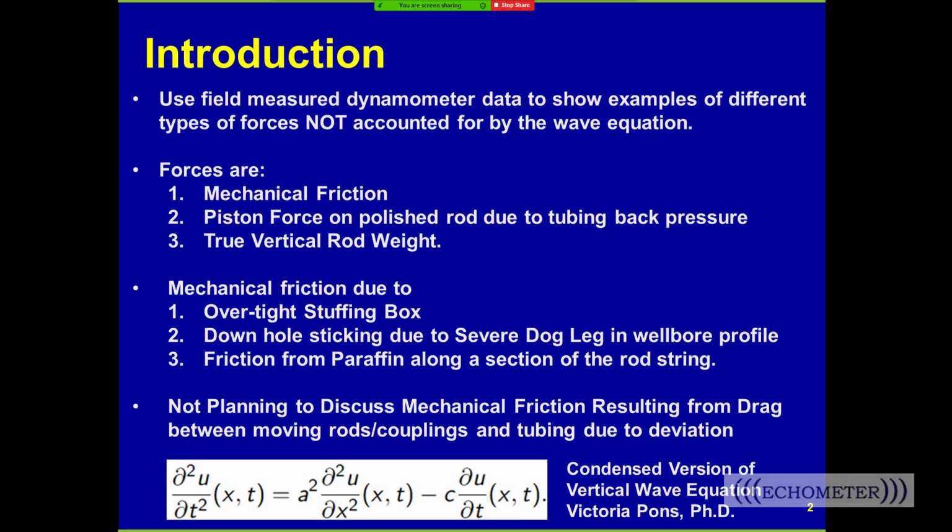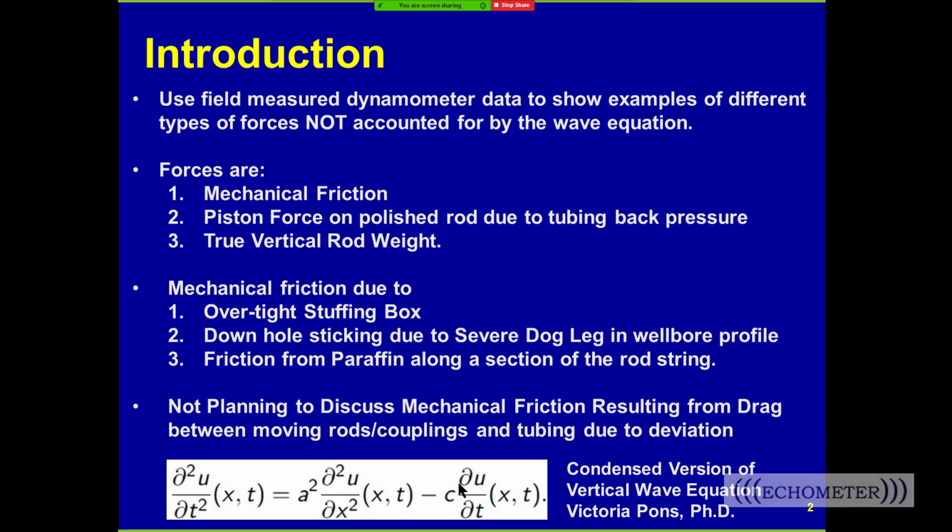And so the friction typically is a function of the velocity of the rods. And so when you talk about mechanical friction, you talk about it as a function of velocity, whereas mechanical friction typically isn't a function of velocity. It's more of a drag coefficient.